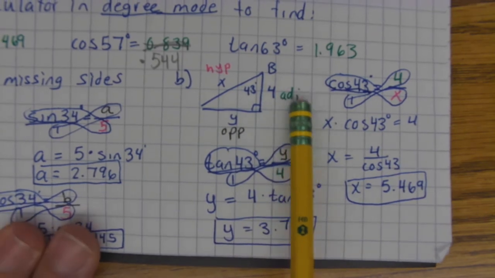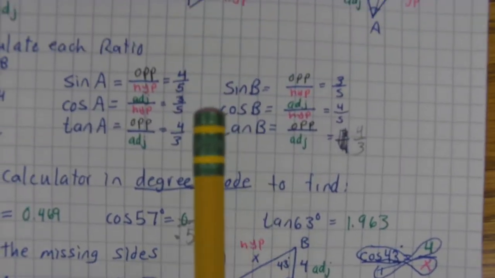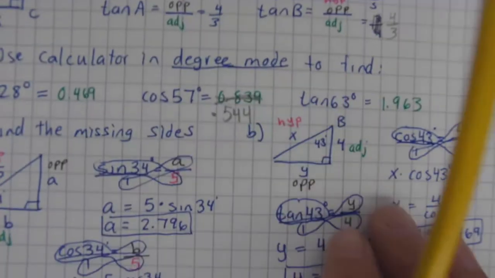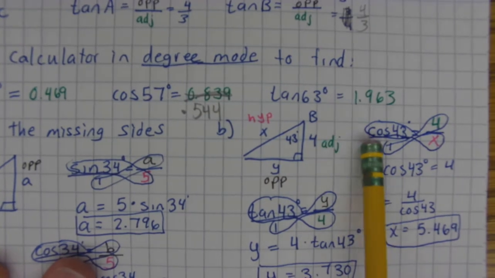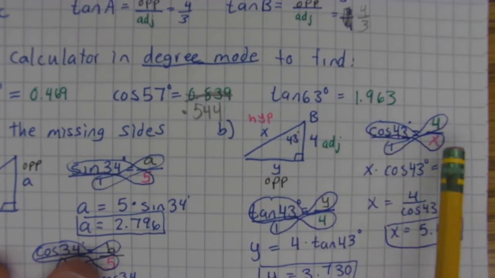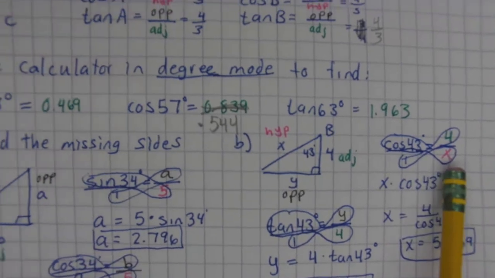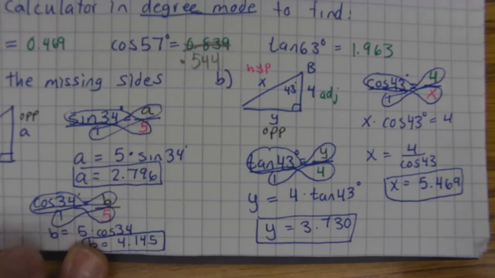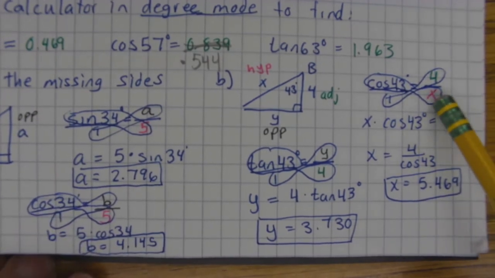The trig ratio that relates the adjacent and the hypotenuse is cosine, remember? Cosine is the adjacent and the hypotenuse. So we're going to use cosine of 43 degrees equals the adjacent 4 over the hypotenuse x. And we're going to cross multiply again. I like to start with a letter.